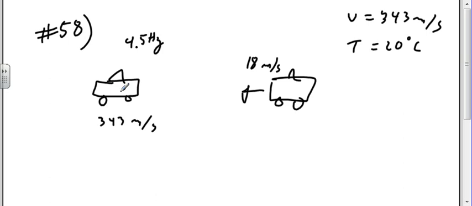We're trying to figure it out. So what we need to do is find out the frequency of a source moving towards a stationary observer, equation 12-2a.